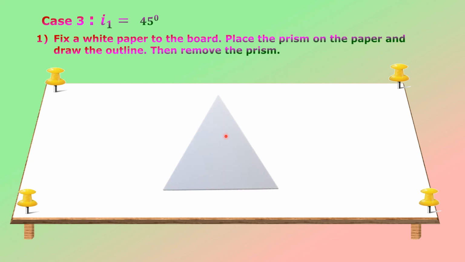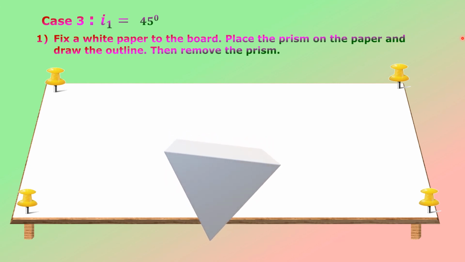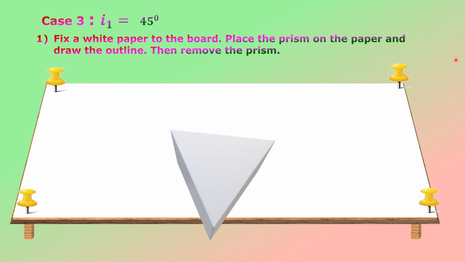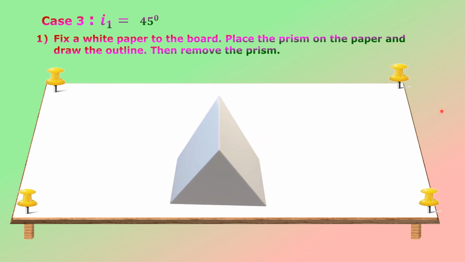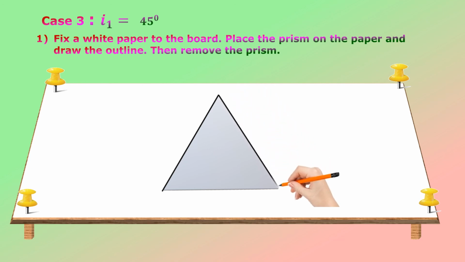Now let us place the prism. Now draw the outline here. Then remove the prism.